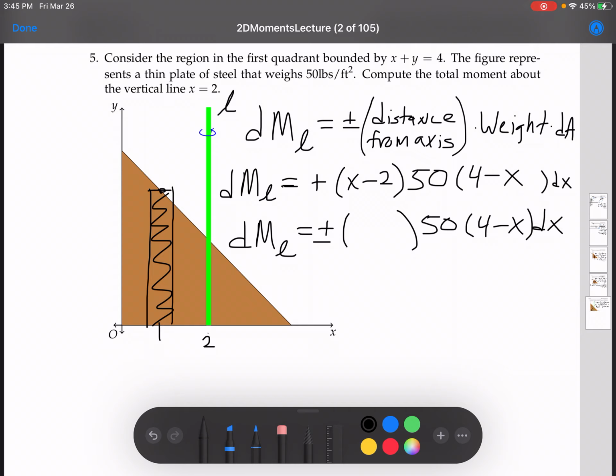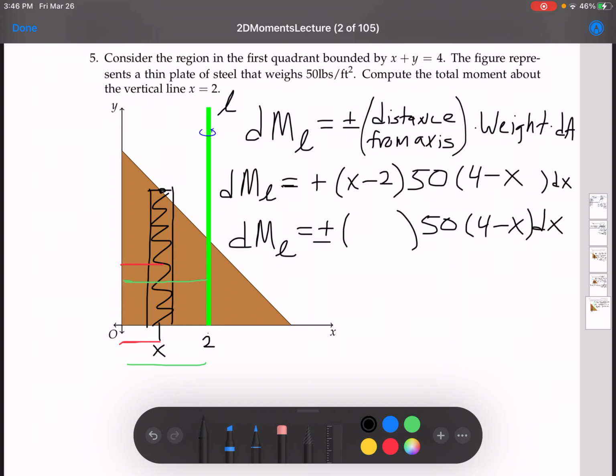Okay, so now that's some distance x, right? And again in red, that's the distance x, this distance x here. And in light green, this is the distance 2.